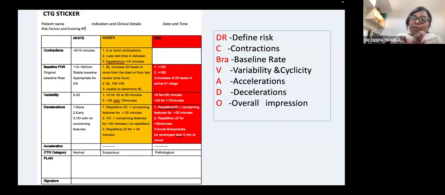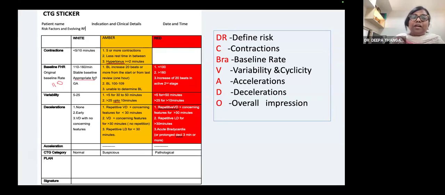But suppose the patient comes in labor in the active phase at 5 centimeters, the baseline heart rate is 120, and after some time in the second stage the baseline heart rate is 150, then there is a rise in baseline. That is an abnormal thing. So that is the purpose of writing the baseline's original heart rate. If it is 110, you have to mention 110.